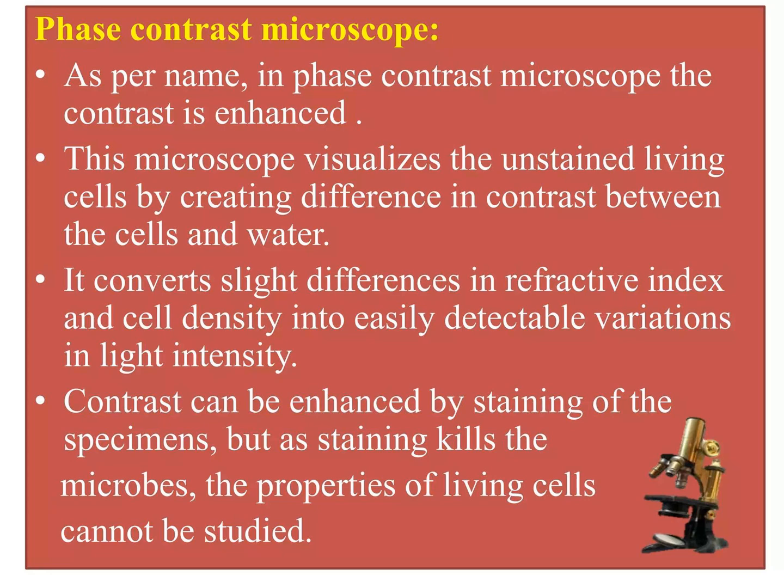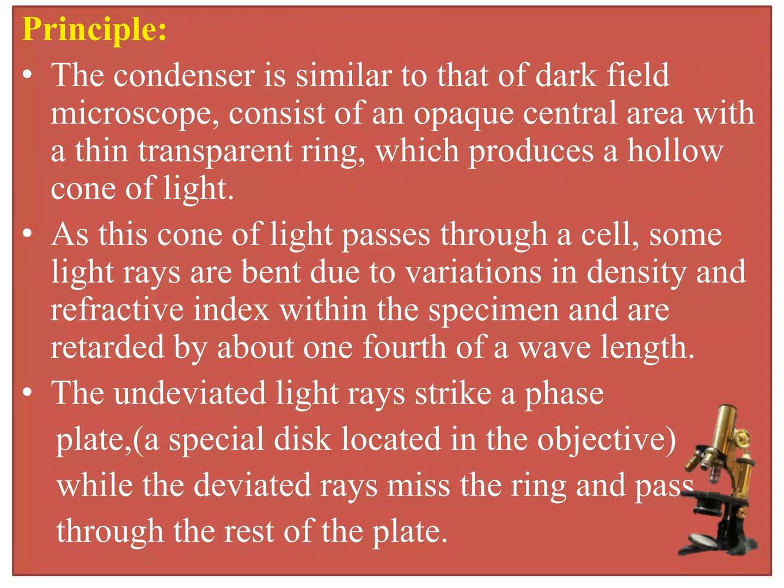Contrast can be enhanced by staining of the specimens, but staining kills the microbes, so the properties of living cells cannot be studied. The condenser is similar to that of the dark field microscope.